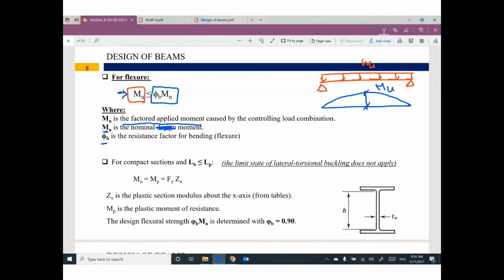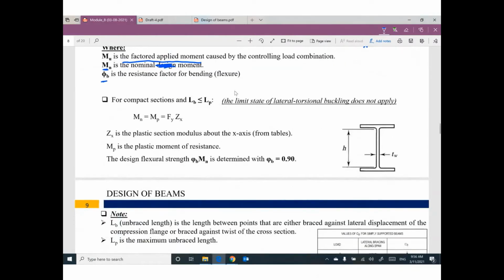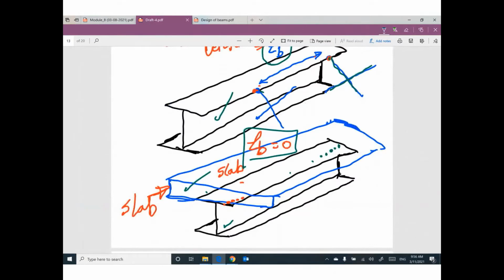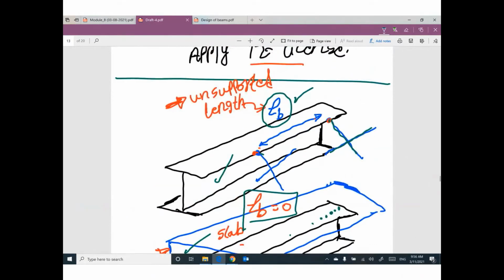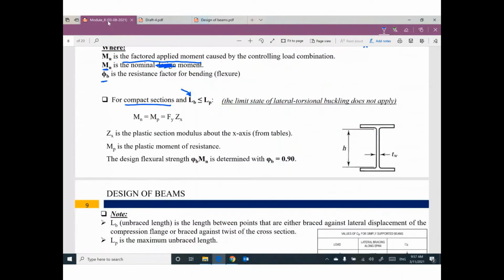So if you have compact section and LB smaller than or equal LP, yeah, I understand what is the meaning of the first length. LB is the unsupported length that I told you before. What is the meaning of the second length? LP. LP is a length from table.